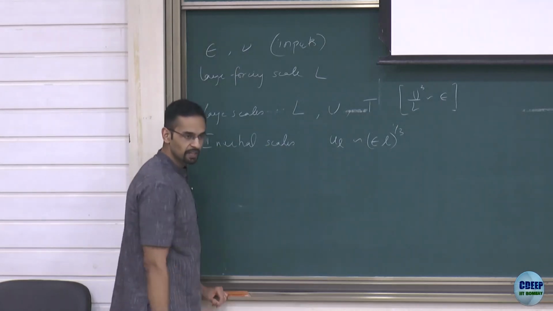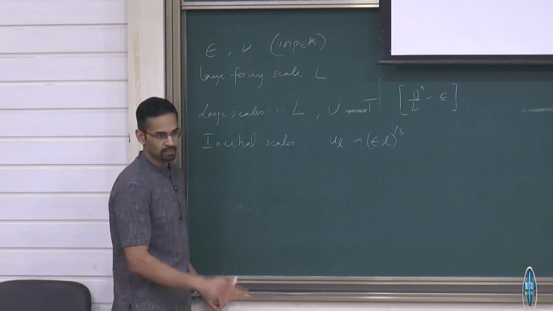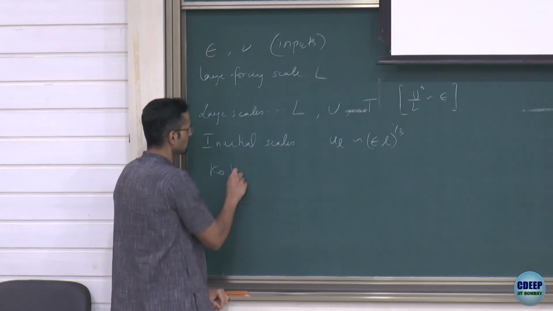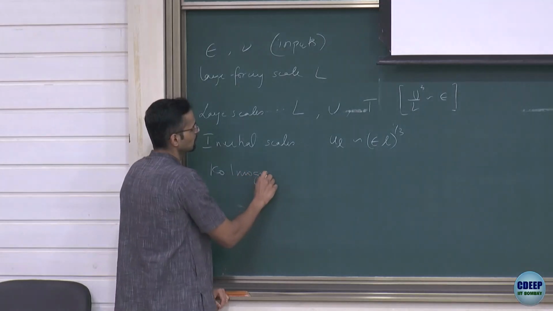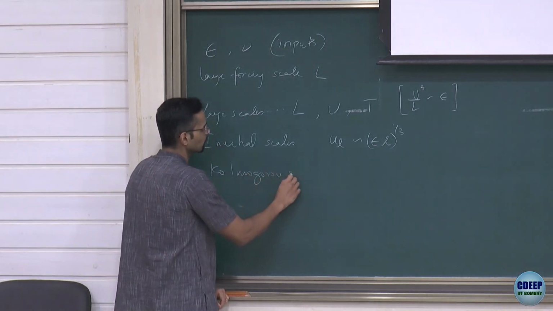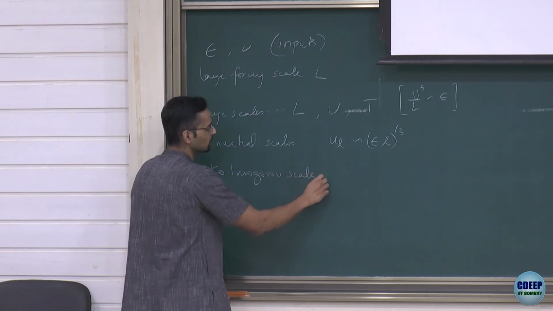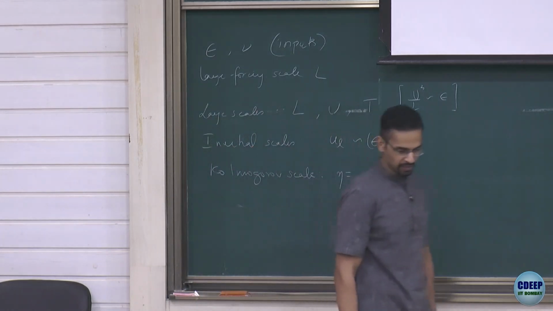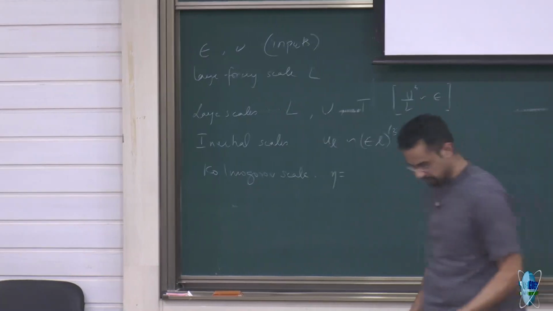So this carries all the way until I hit the Kolmogorov scale, which is the scale at which I see dissipation. So then you have the Kolmogorov scale, which marks the onset of dissipation, and that length scale eta we calculated in terms of nu and epsilon.